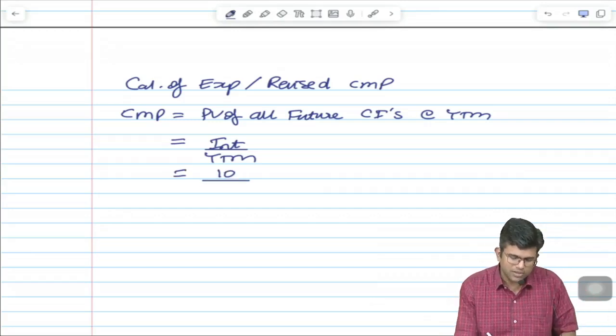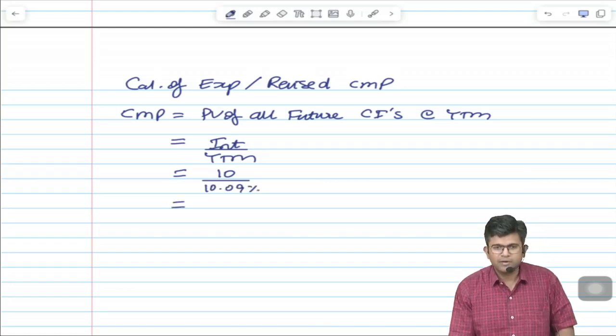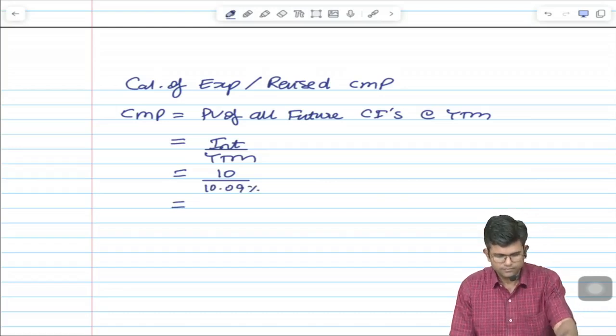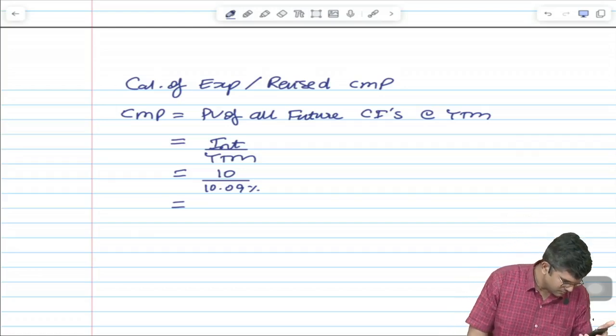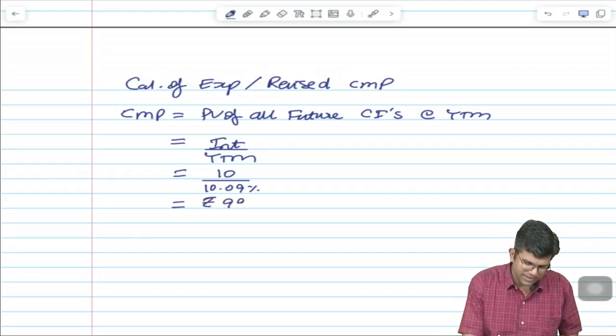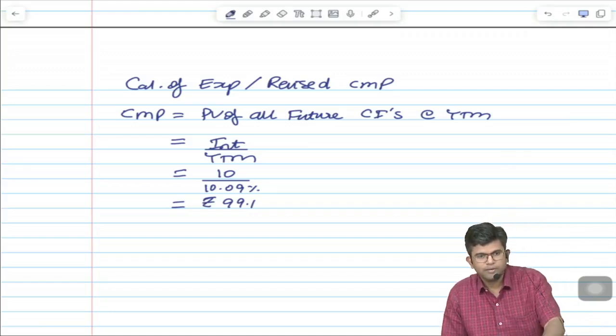YTM, which was 9.09%, has now gone to 10.09%. Can someone tell me what is the price coming to? 10 upon 10.09%. Rupees 99.1. All clear?